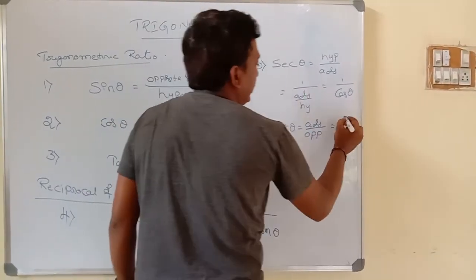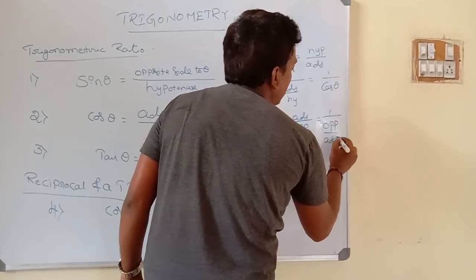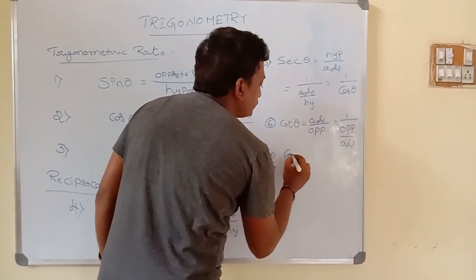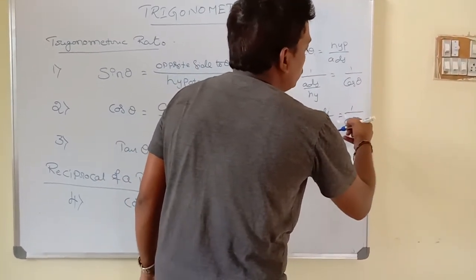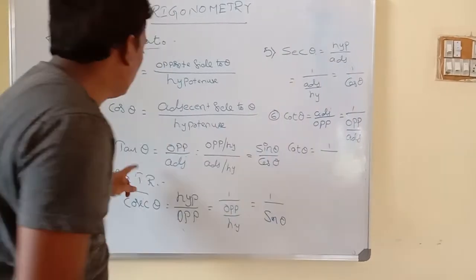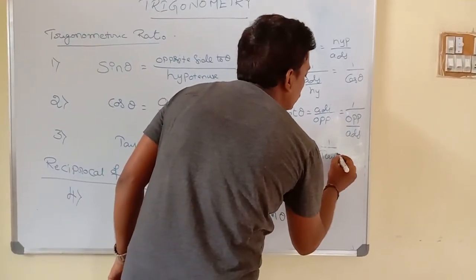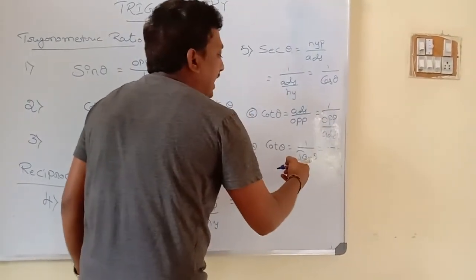I am writing 1 by opposite side to theta by adjacent side to theta. So cot theta equals 1 by opposite side to theta by adjacent side to theta. What is that? Tan theta. So cot theta equals 1 by tan theta.